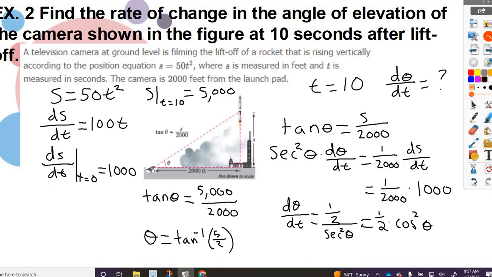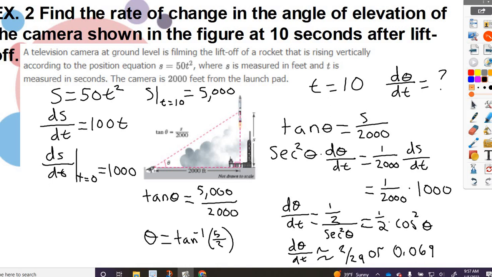Do we get anything? Maybe? Okay. What do we get? Yeah, so it's 2 over 29 or 0.069. Yeah.